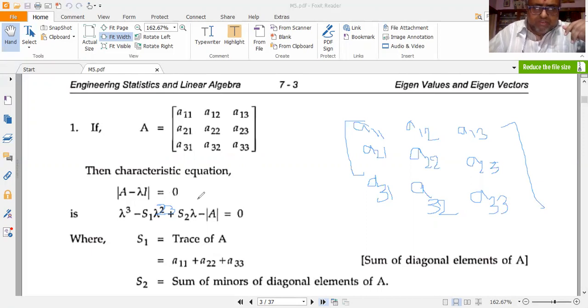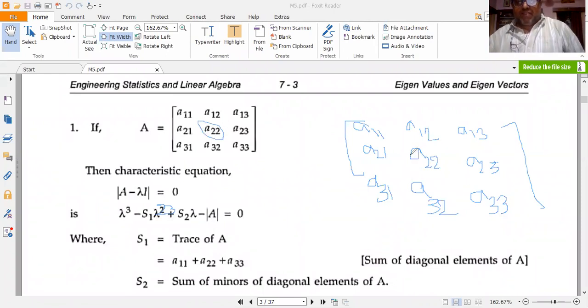Now my question is how to obtain the minor element corresponding to A22, because now I need to find the minor corresponding to the second principal diagonal element.